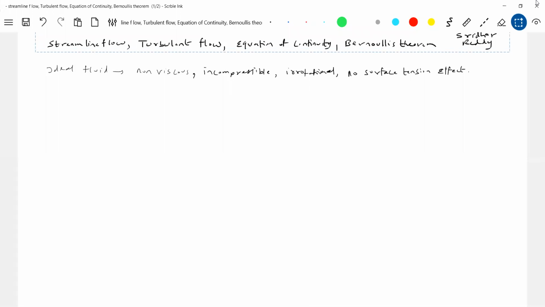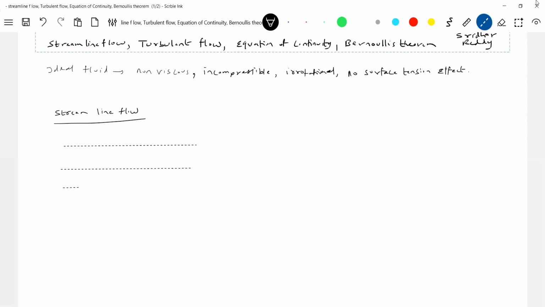Then the first one is called streamline flow. So in streamline flow, if you take the various particles, here we'll put like this.